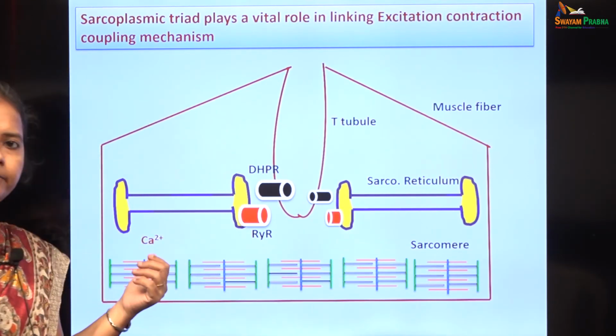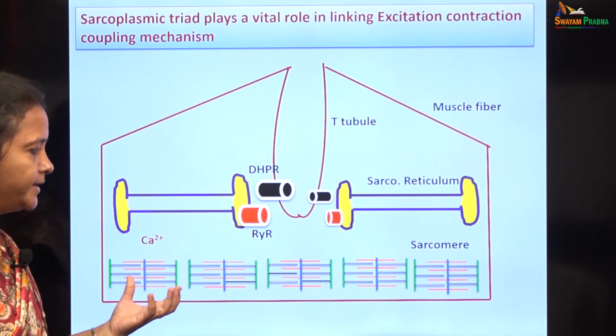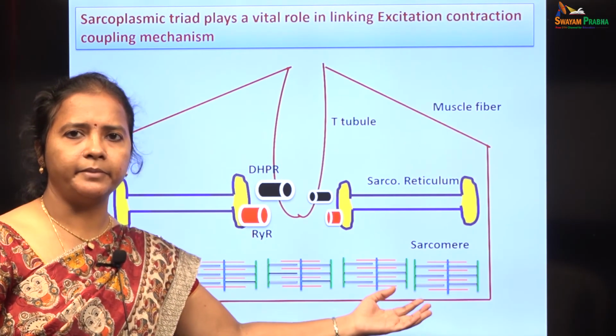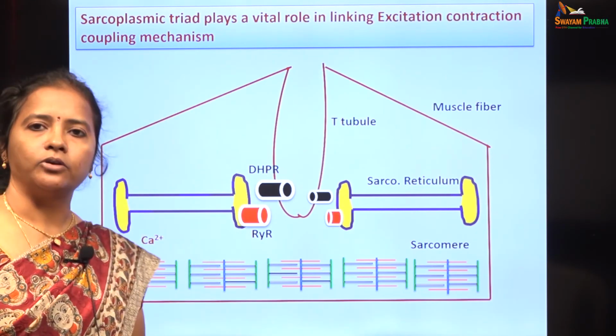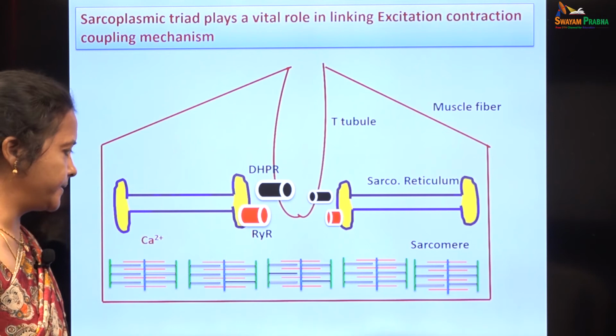So, this calcium which is released is going to cause the actin myosin interaction, stimulate the cross bridge cycling, and thereby lead to the contraction of the skeletal muscle fibers.